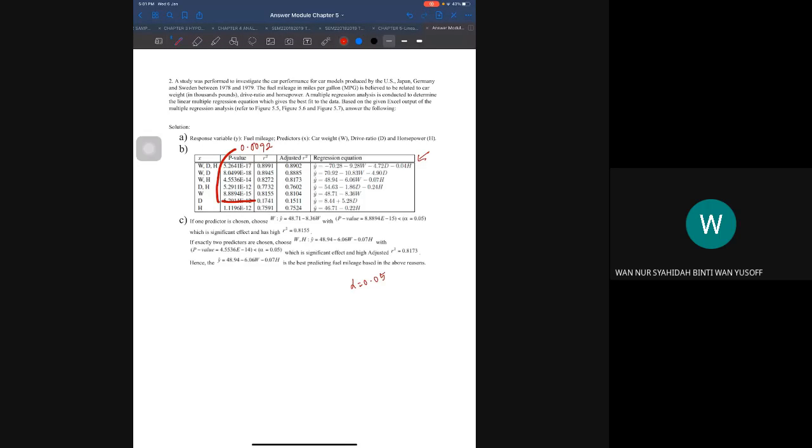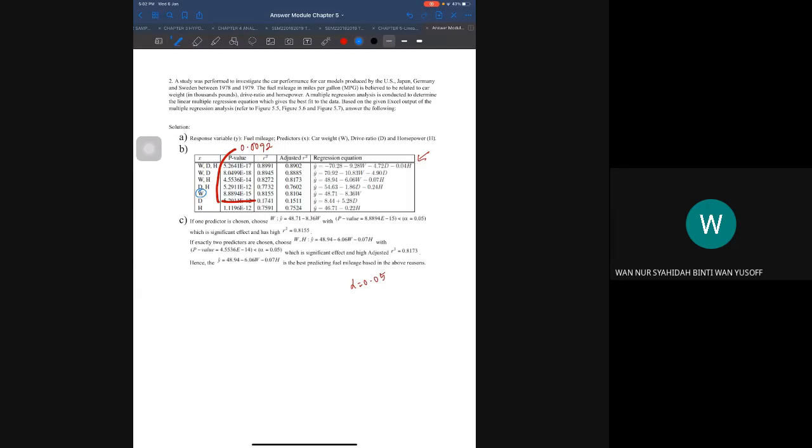So at first we can consider all, and then we go to the R square. Which one is the highest? W. So W is the best model.